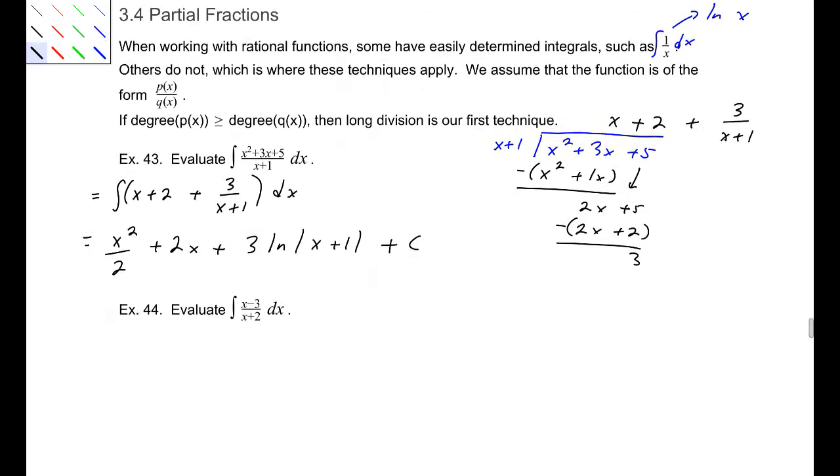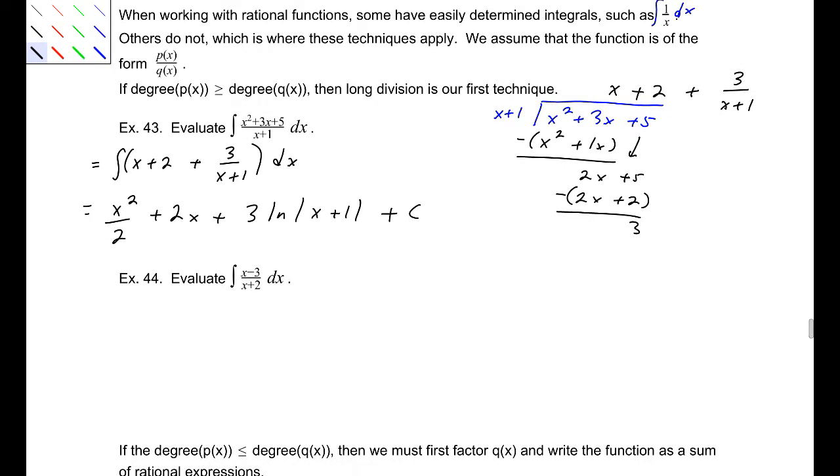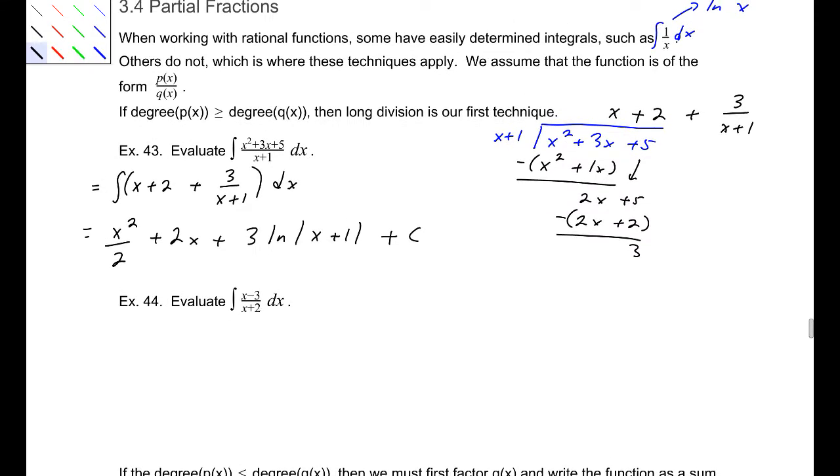All right, number 44, we'll do this. Take the same idea and do long division here. Now, we have x minus 3 divided by x plus 2. So this is going to be 1, goes in there one time, which will make x plus 2. Subtracting, we get 5. So this is minus 5 over x plus 2.